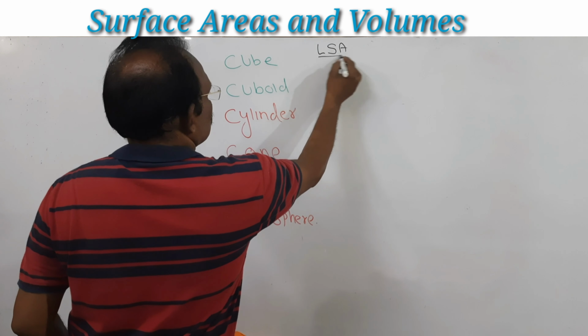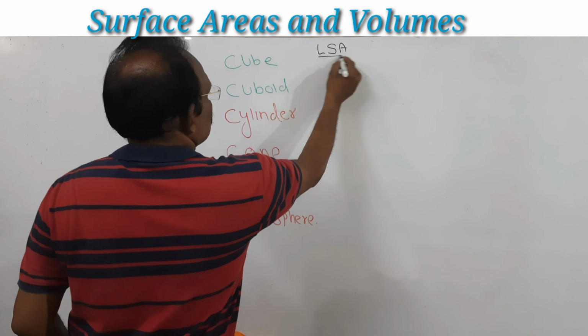For one circle, 2 pi r is the circumference, but that 2 pi r is up to a certain height, so we will find out h. So 2 pi r h is the curved surface area for the cylinder. Remember, lateral surface area is only for cube and cuboid; both meanings are the same, but since the shapes are like that, we use curved surface area for the cylinder.